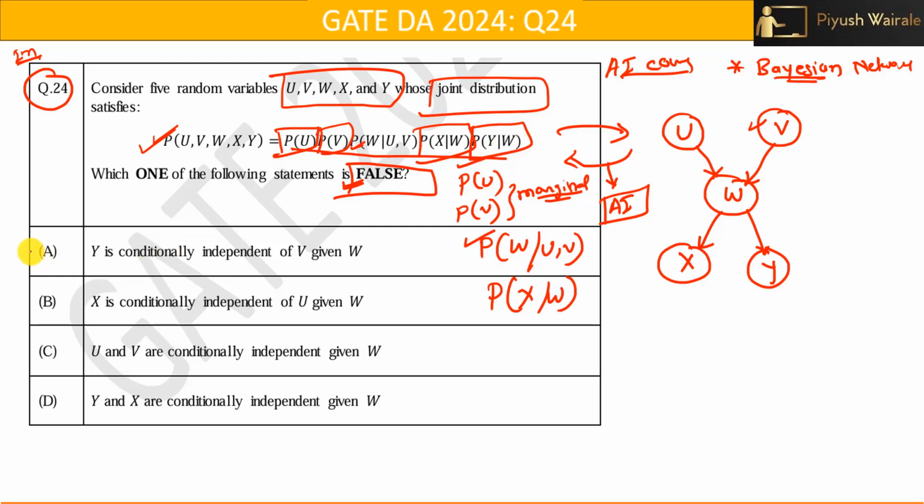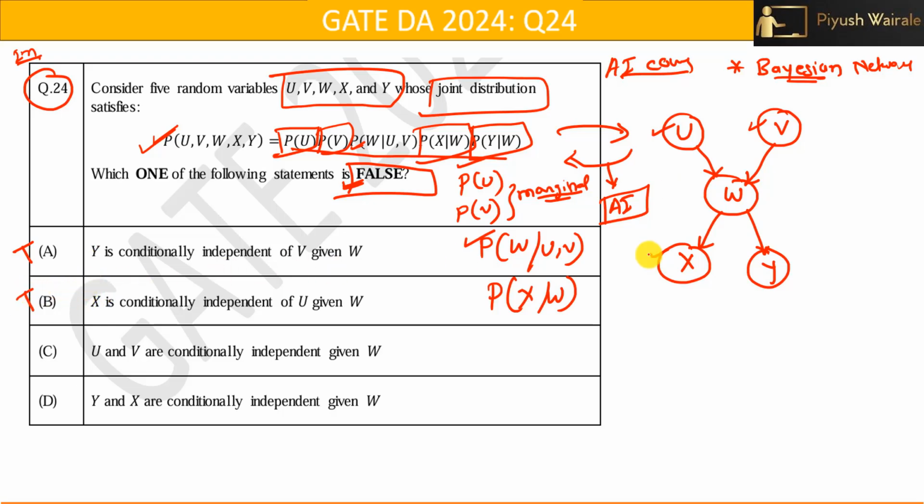So this is not my correct option, since we want the false one. Now option B: X is conditionally independent of U given W. Similar to option A, yes, because X is dependent on W only. So this option is also true.